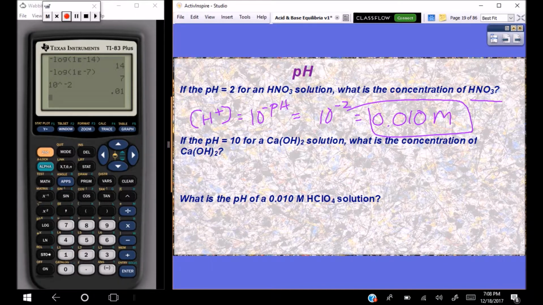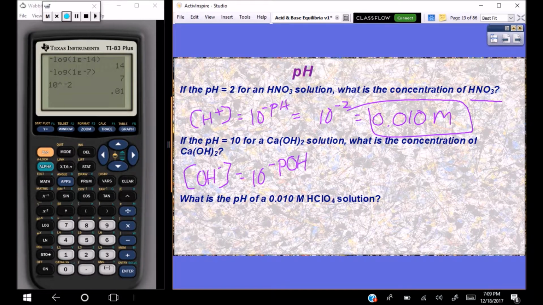Okay, let's do the same thing. This time pH is equal to 10 for calcium hydroxide. What is the concentration of my calcium hydroxide? So I'll set you up. Same relationship. This time it's with hydroxide. If we have our hydroxide equation, that concentration is equal to 10 to the negative pOH.